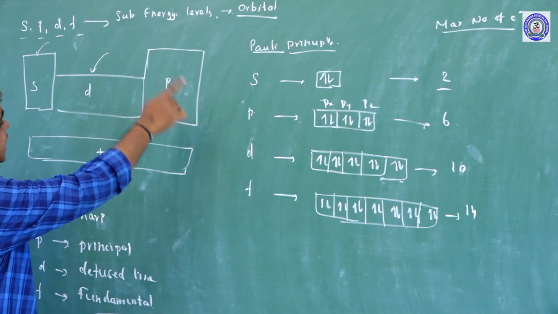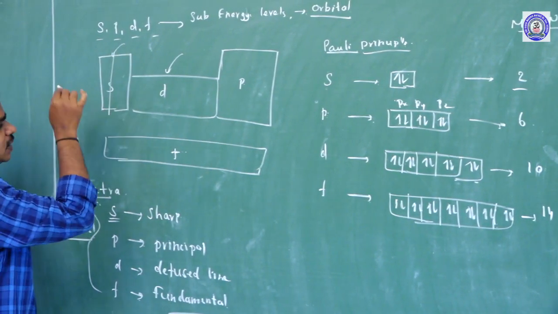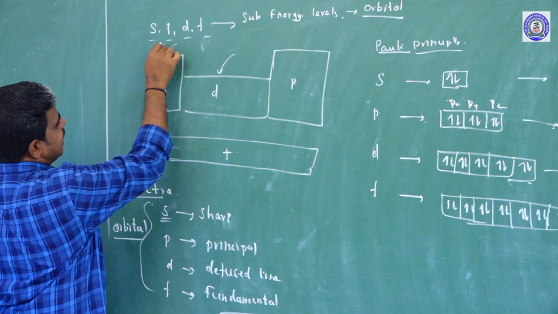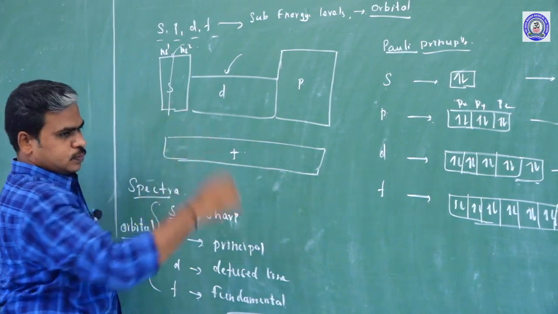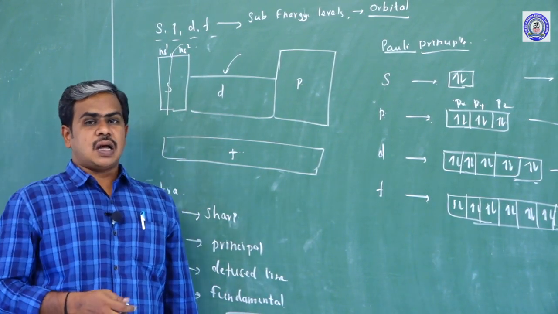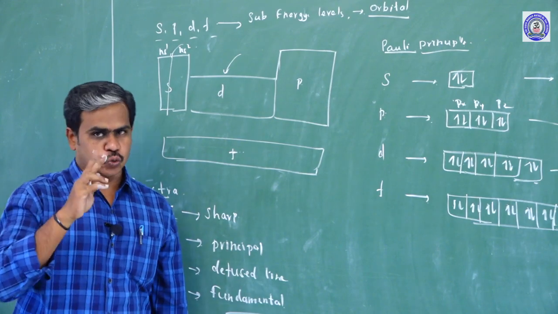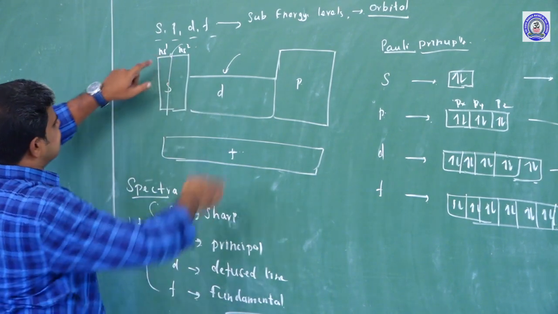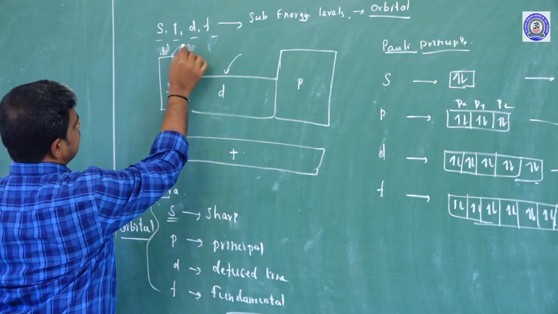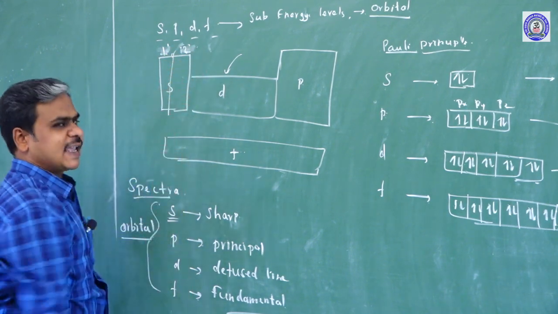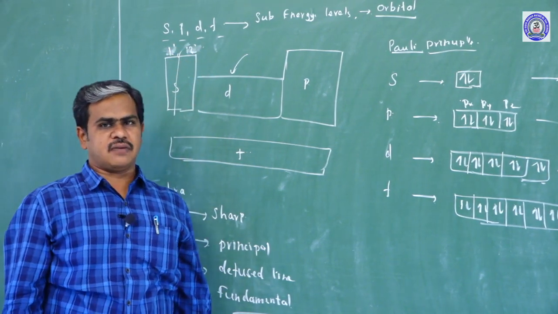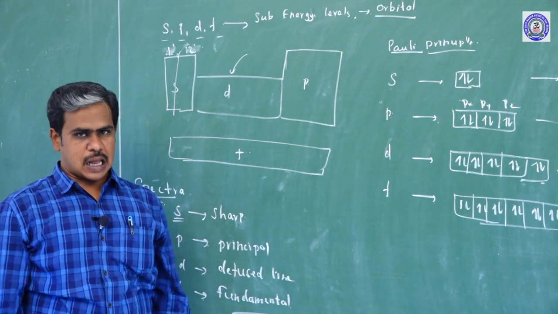So S block elements are split into 2, that is ns1 and ns2. So S orbital is grouped into 2, that is first and second group in the periodic table, which is known as S block.